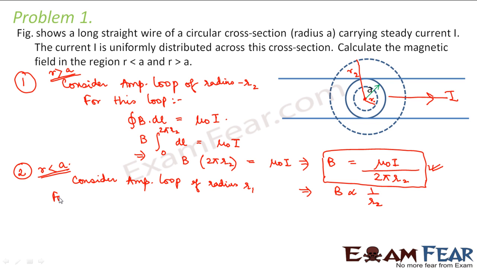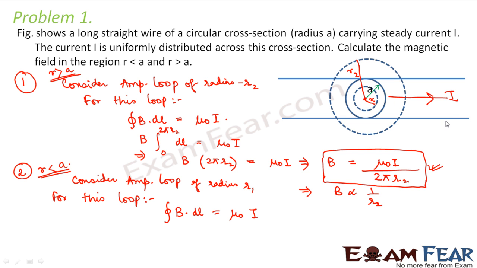For this loop, we will again apply Ampere's circuital law. Integration of B dot dl is equal to mu naught I. Now what will be the current enclosed by this smaller loop? The current enclosed by this loop will be less than the current I, because this current I is flowing through this entire wire, but this loop is smaller than that part.